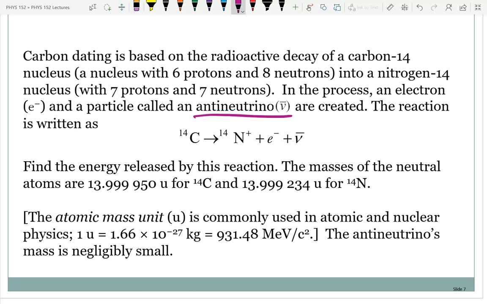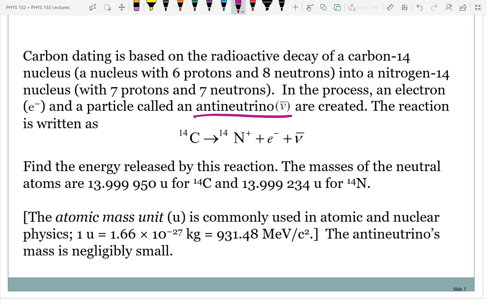Now, we are not into the chapter on radioactive decays yet, but I have to point out some things here. How many electrons do you have in the nucleus of a carbon atom? Zero. There are no electrons in the nucleus of the atom.